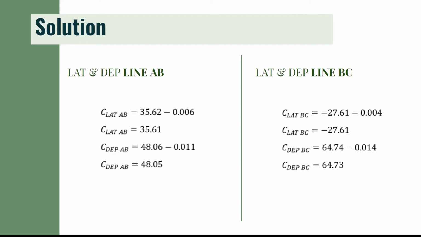For the latitude of line BC, negative 27.61 minus 0.004 is equal to negative 27.64. For the departure of line BC, 64.74 minus 0.014 is equal to 64.73.